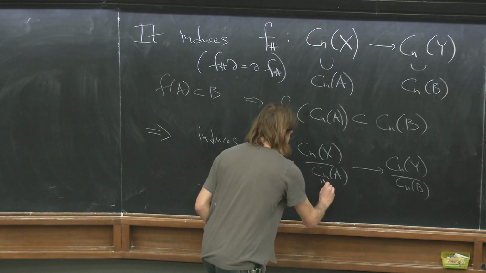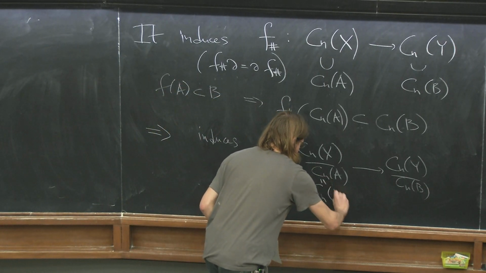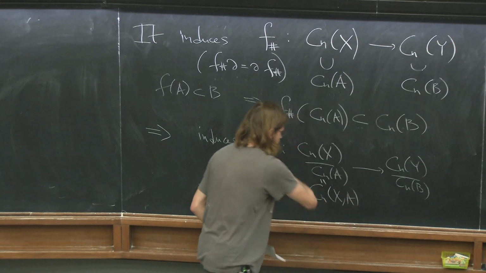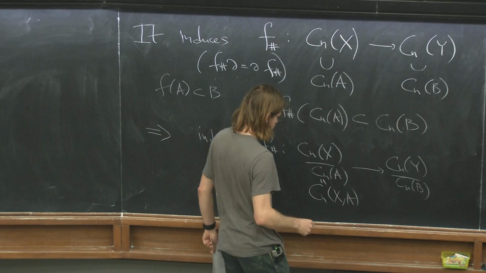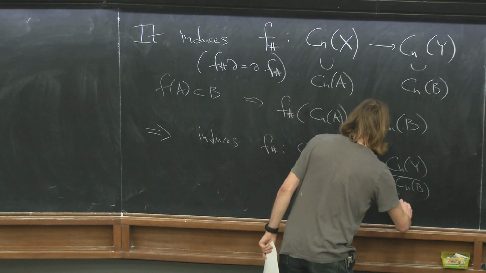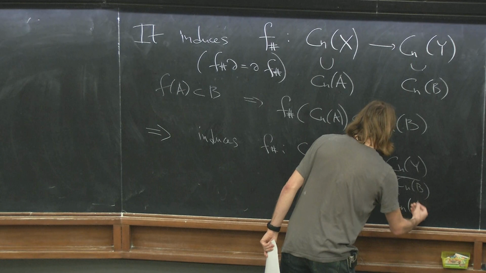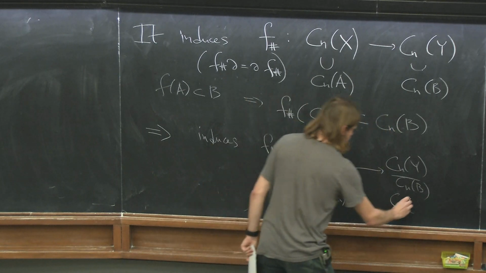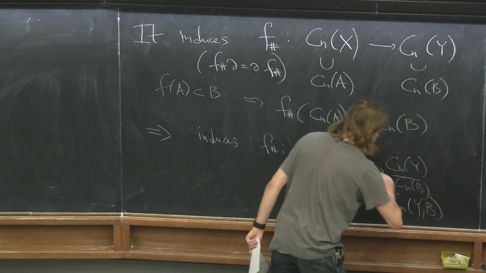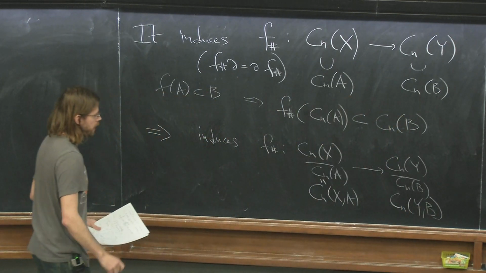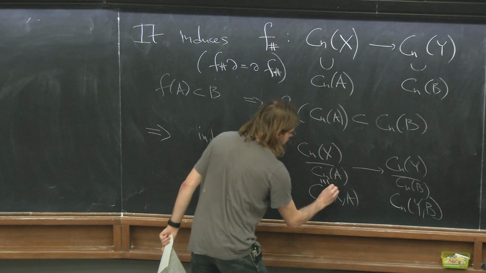And this is what we denote by definition: the group of relative chains for the pair X and A, and here the group of relative chains for the pair Y and B. This is just our definitions.